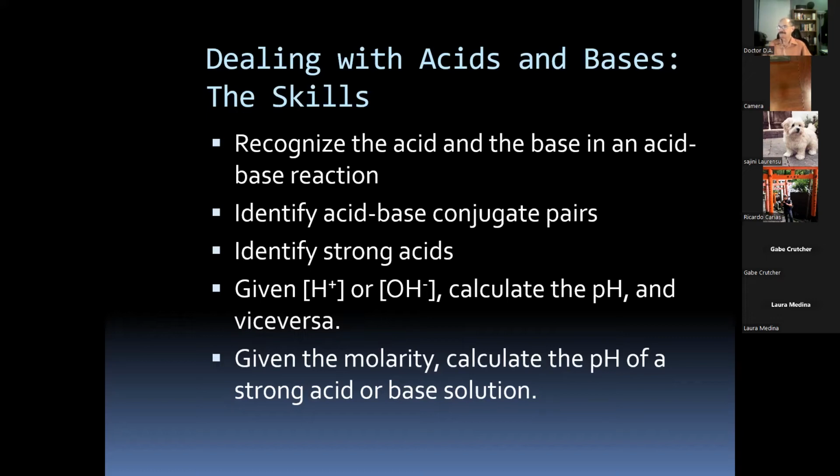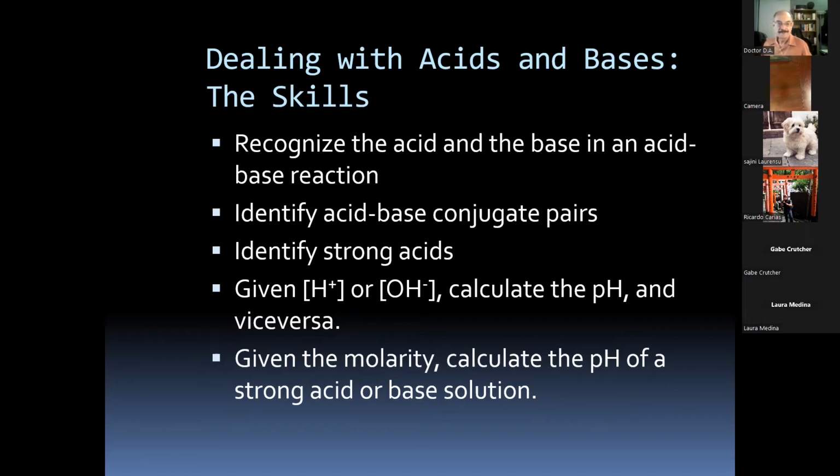One of the things I've noticed is that we still have a bit of a problem identifying, if you're given a chemical equation, who is the acid and who is the base, and what the acid does and what the base does. Also identifying which reactant-product pair actually makes an acid-base conjugate pair.